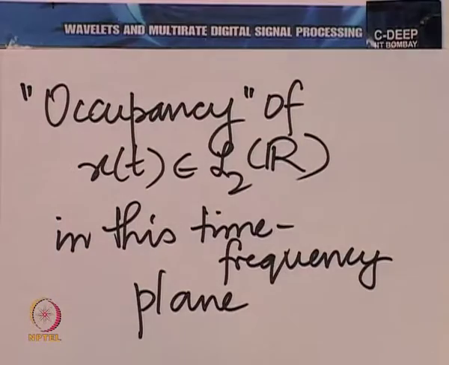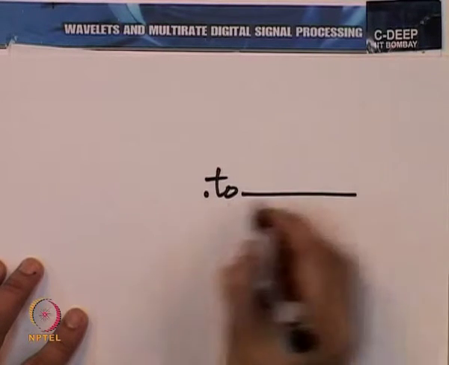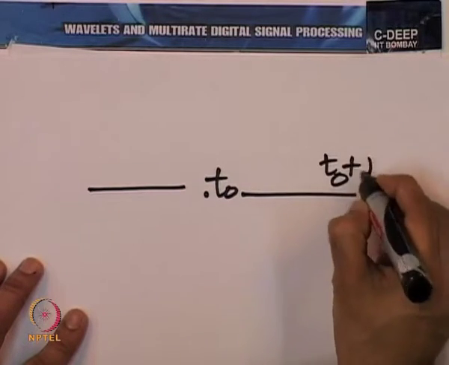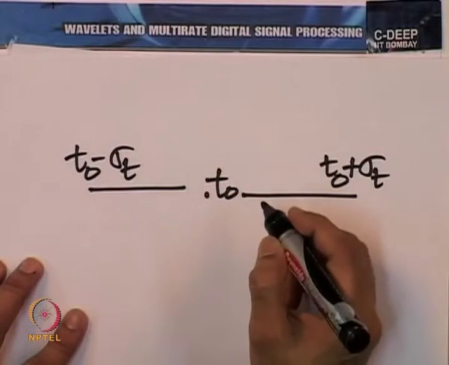Occupancy is notional, and this occupancy can be thought as being from t 0, the center in time, to t 0 plus sigma t on one side and t 0 minus sigma t on the other.